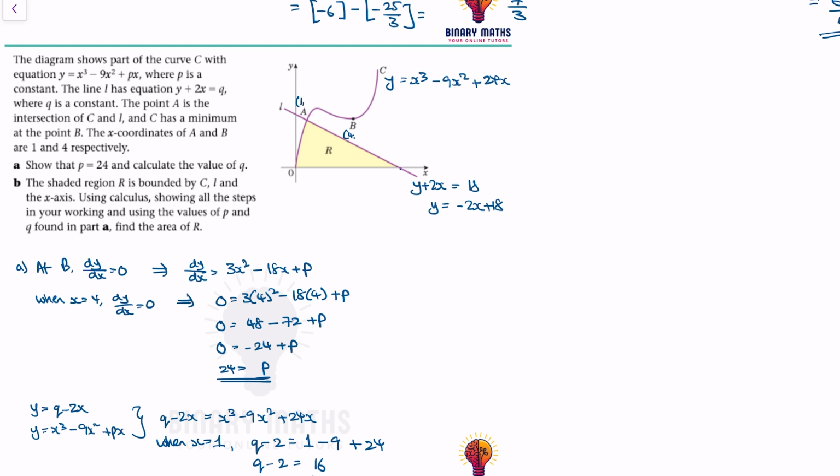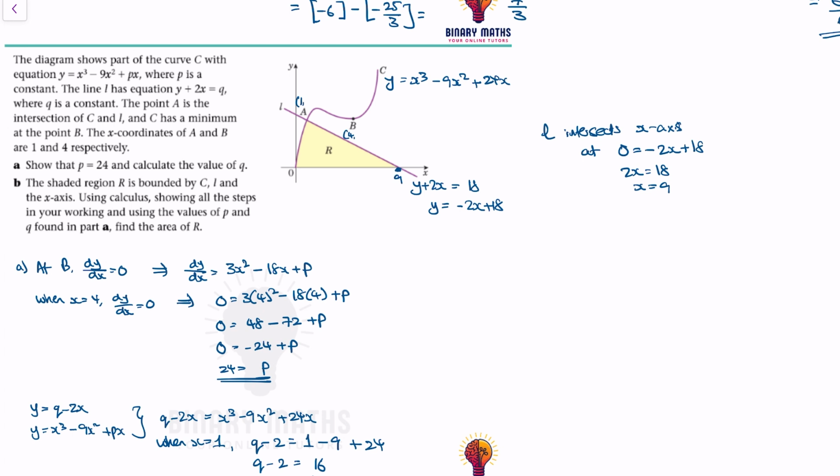If I want to find where the line L intersects the x-axis, then 0 is equal to minus 2x plus 18, because when it intersects the x-axis, y is equal to 0, which means 2x is equal to 18, so x is equal to 9. So we know at this point x is equal to 9.